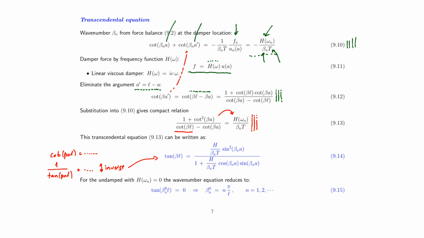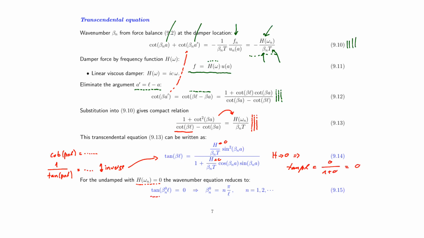And it's always a good idea to check an expression like this, because we should find the undamped cable when h approaches 0. So let's assume that h becomes 0. So this one becomes 0, and this one becomes 0. So for h approaching 0, we will have a right-hand side that will be 0 over 1 plus 0, and that is equal to 0.